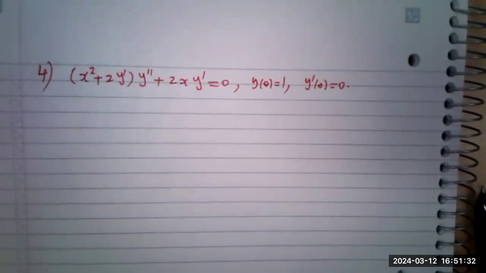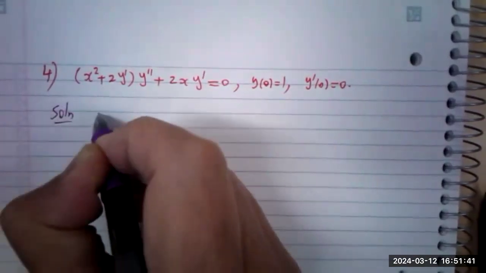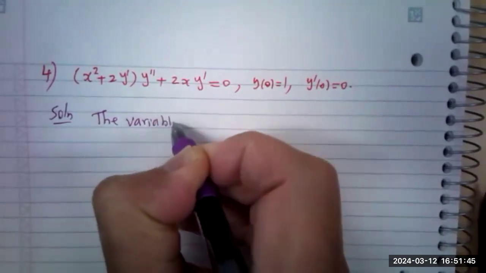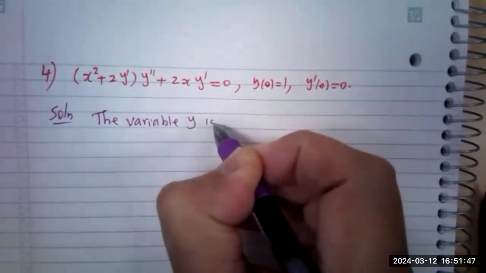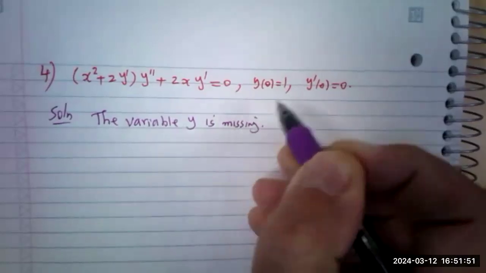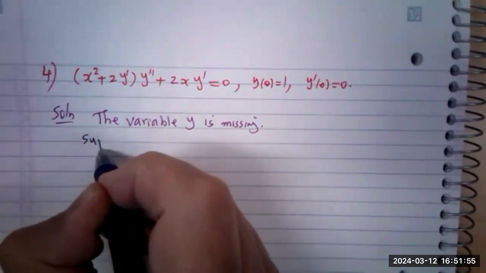Okay, let's see what is special about this one. Again, the variable y is missing, so it satisfies our condition. So we go with the substitution method that we have.